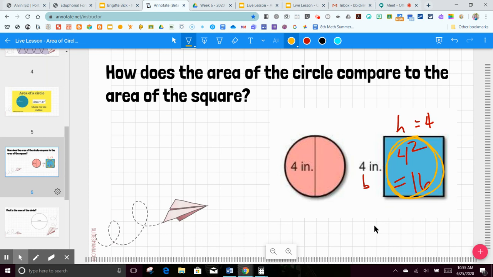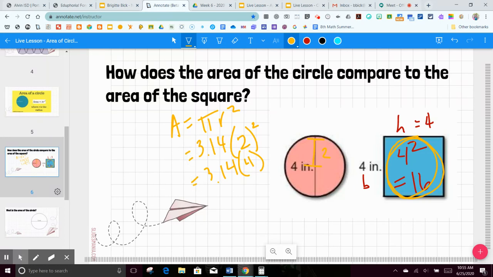So area equals pi r squared, which is 3.14 times r squared, and if my diameter is 4, then my r is 2. Okay, so we're going to go ahead and solve that. 3.14 times 4.